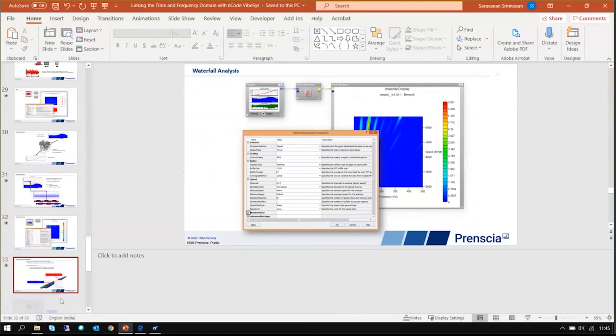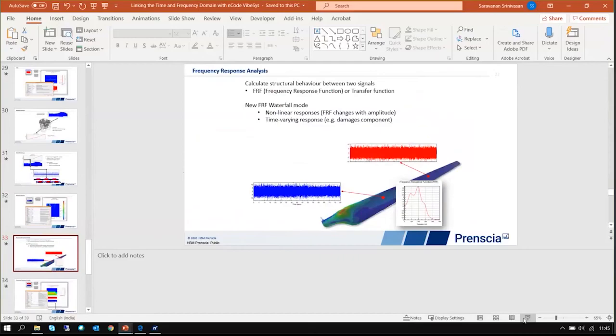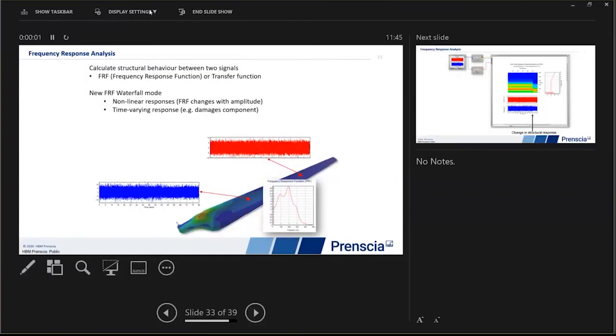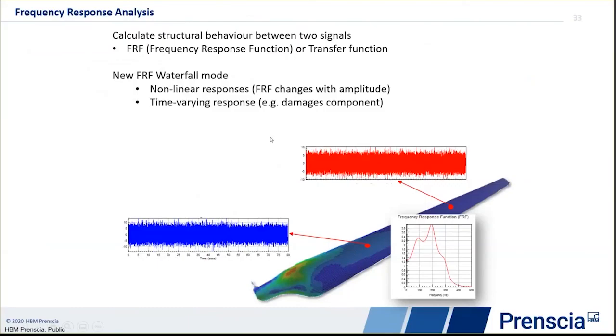Okay, waterfall analysis. Right. The next joint time frequency analysis is the frequency response function, or the transfer function, which is calculated between two signals of structural behavior, say when you have big structures.